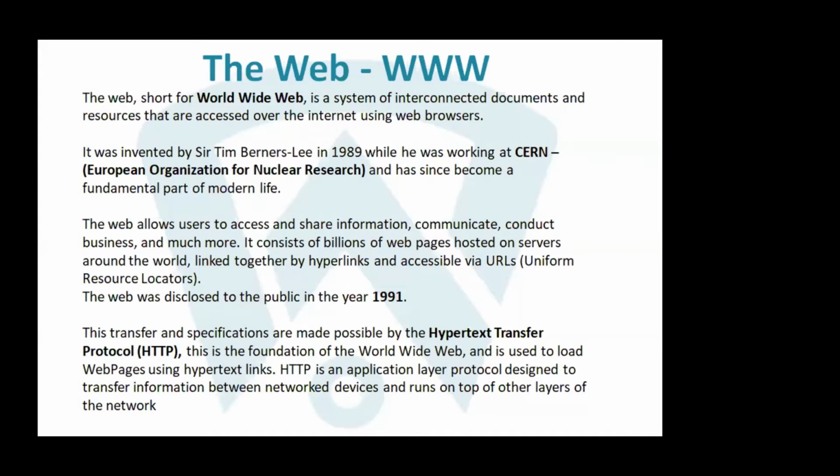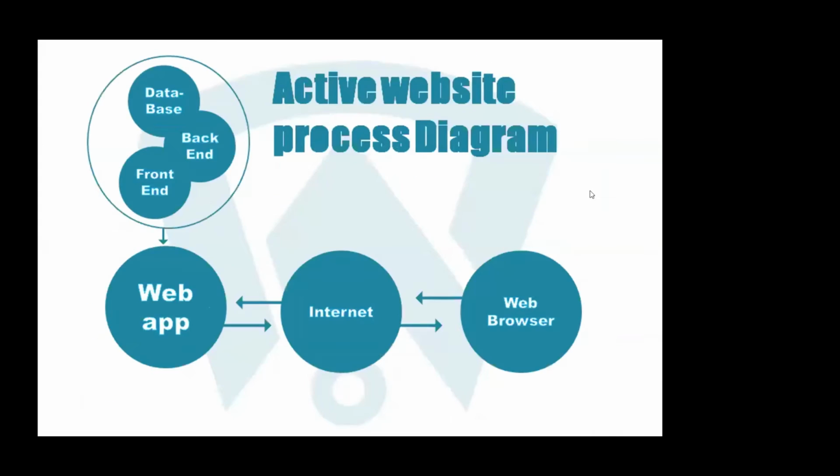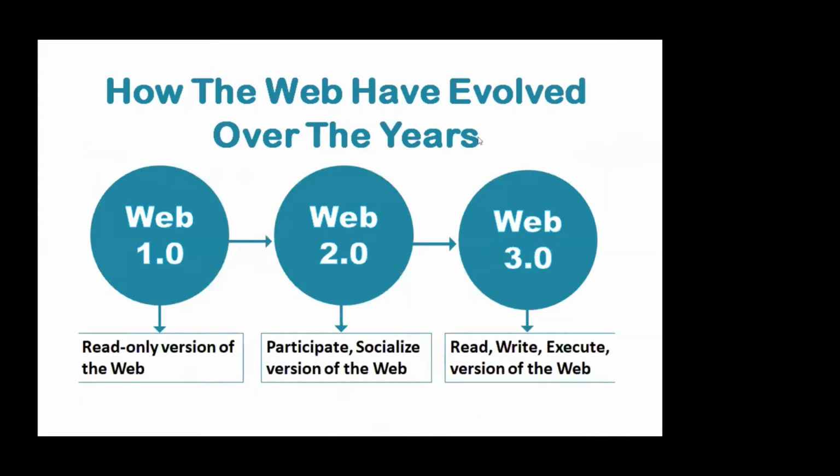I think I have a slide for that. Let's be sharing this slide. Okay, here it is. The first version of the web is the read-only version of the web. And then the second one, we socialize, and that is the one we are in now. We're almost going out of Web 2.